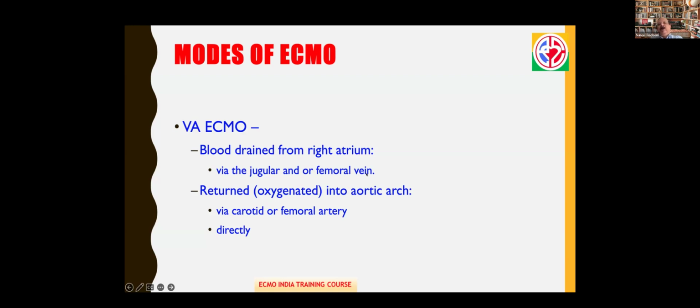Returning it into the aortic arch is via carotid or femoral artery. Again, carotid artery till 2 years of age or below 10 kilos, and above 10 kilos or above 2 years, you can try femoral artery.